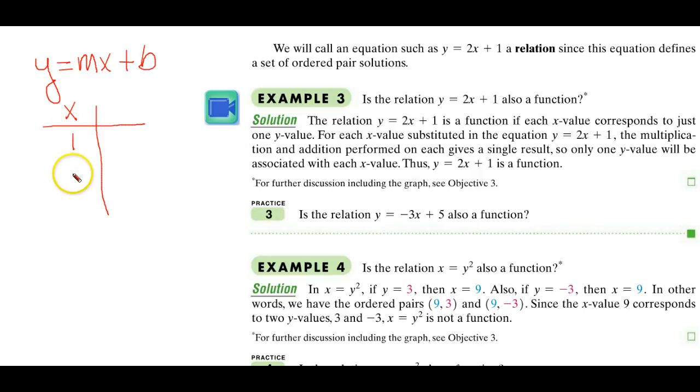You wouldn't say another one because it would be the same. So in looking at this, generally speaking, whenever you see something in this form, this is a function. And we'll see that built on in future lessons as well. And this one also in slope-intercept. This is a function.